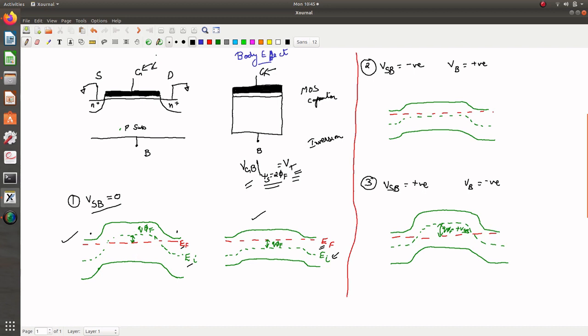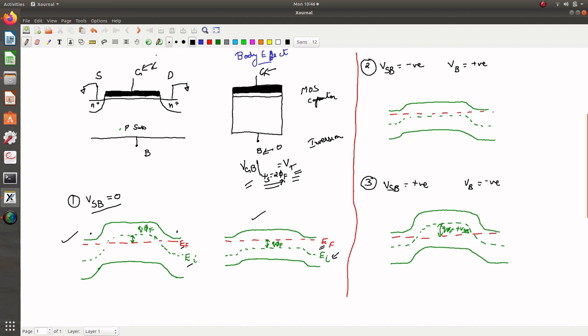So we have 2 phi f. That is when the inversion happens. So this is the band diagram when the gate voltage is applied. Remember, this is the normal scenario when no voltage is applied, or VSB is 0.